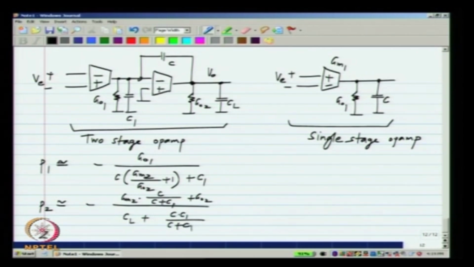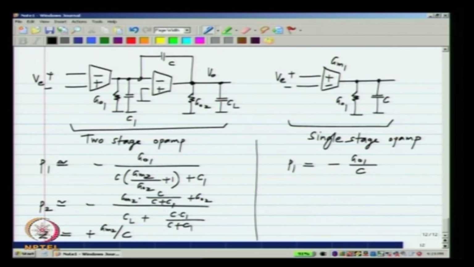It also has a 0 which is at plus GM2 by C, whereas the single stage op amp, if you recall, it has a single pole at minus GO1 divided by C. Okay.